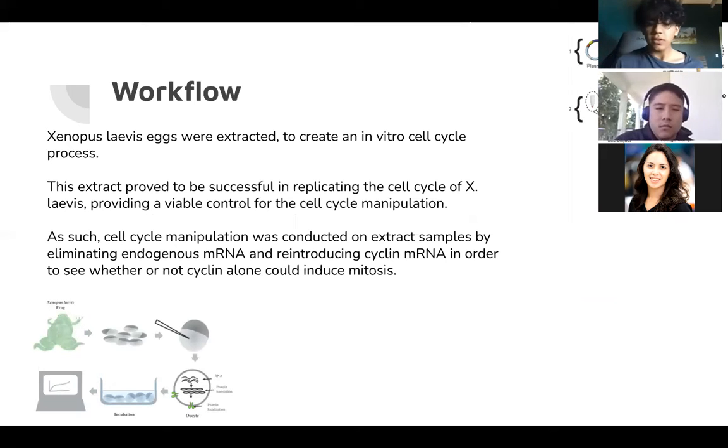So this leads us into our workflow and how exactly we're going to accomplish this approach. Well, first off, we need to cultivate these extracts in vitro from these oocyte eggs. In order to do that, we need to centrifuge the 3 samples of the eggs that are provided, and we need to wash them in an ionic buffer that will replicate the composition of the cytoplasm of the ascites eggs.